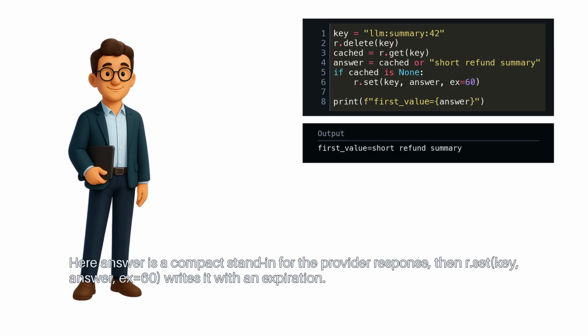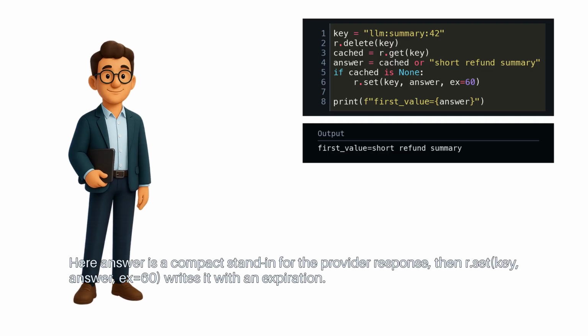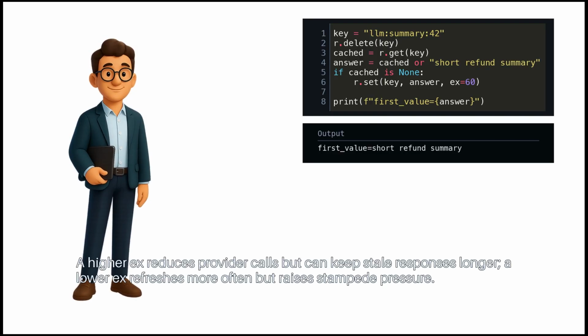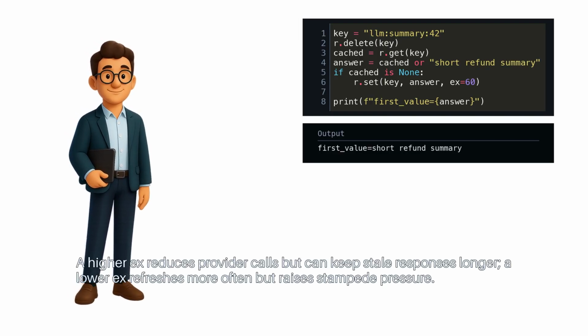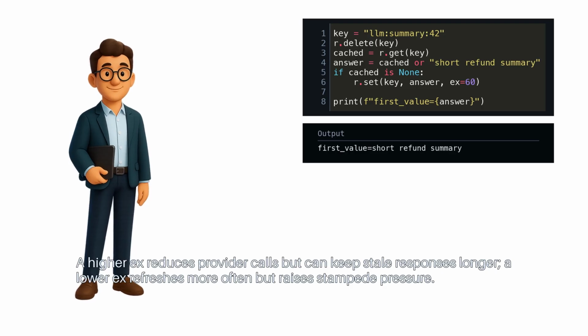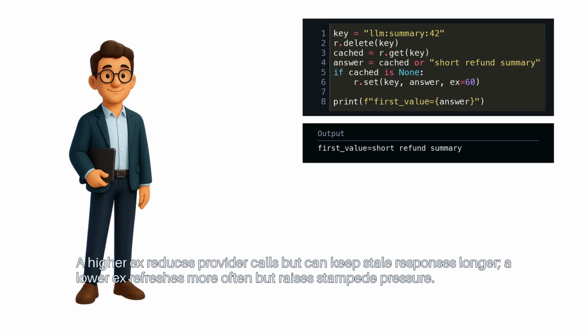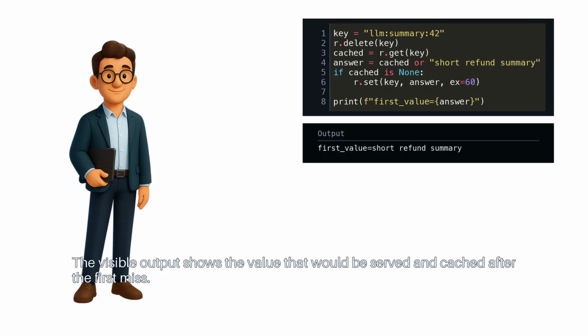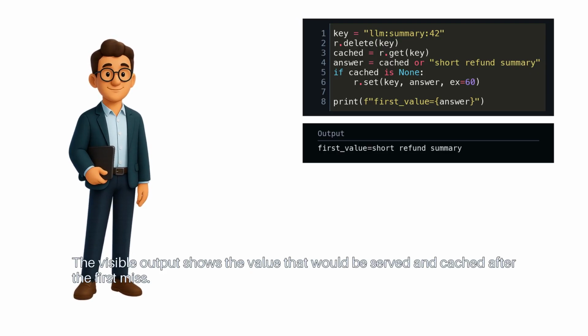Then r.set key answer ex=60 writes it with an expiration. A higher ex reduces provider calls but can keep stale responses longer. A lower ex refreshes more often but raises stampede pressure. The visible output shows the value that would be served and cached after the first miss.